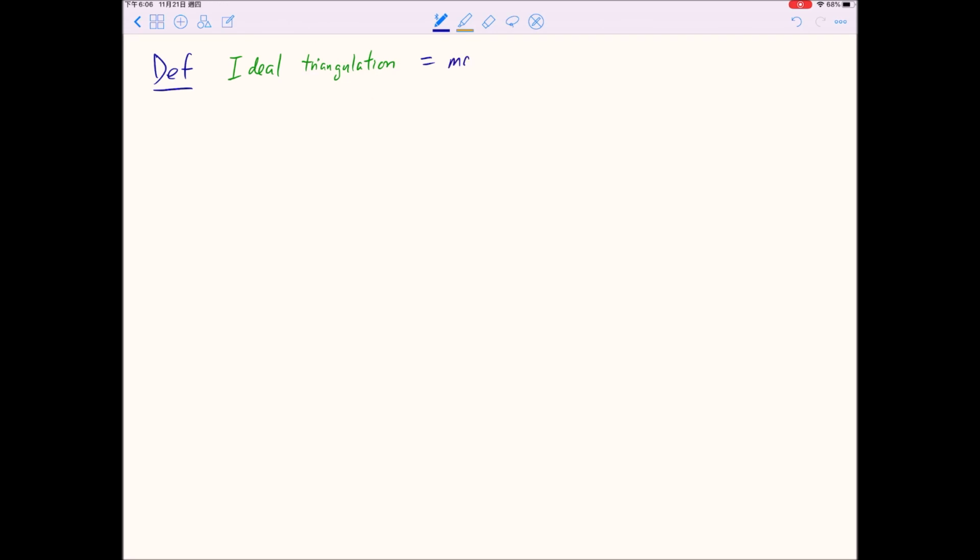So this will be the maximal collection of pairwise compatible arcs. And the arcs together with the boundary of the surface will cut the surface into ideal triangles.